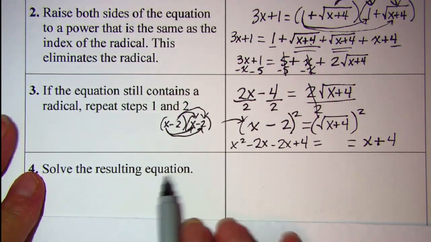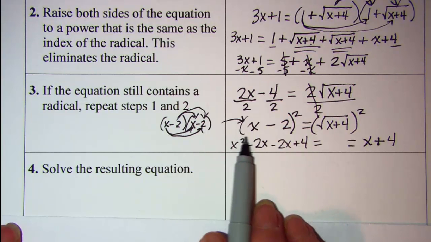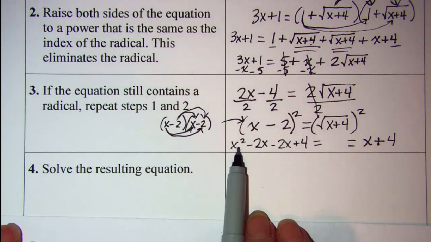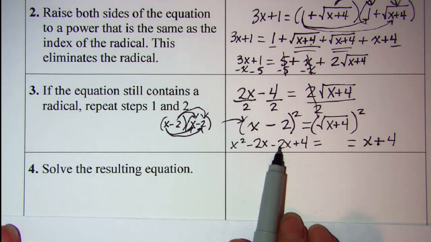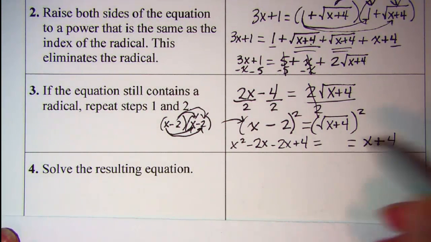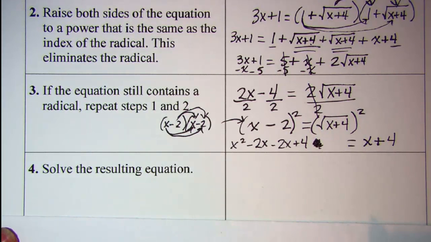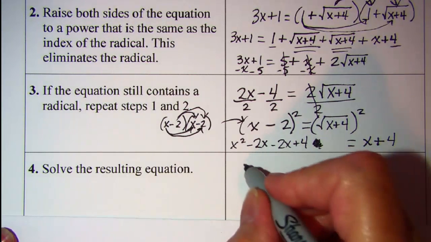I want to solve my resulting equation. Because it has x squared in it, we're going to have to solve it using one of our methods for solving a quadratic. I'm going to go ahead and move everything to the left side and set that equal to 0. Okay, so I have x squared already on the left side.